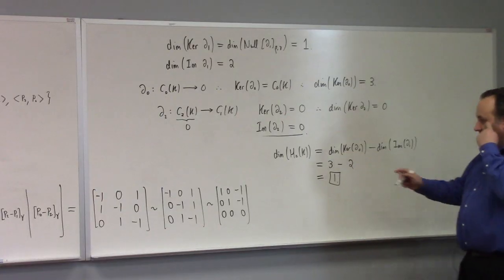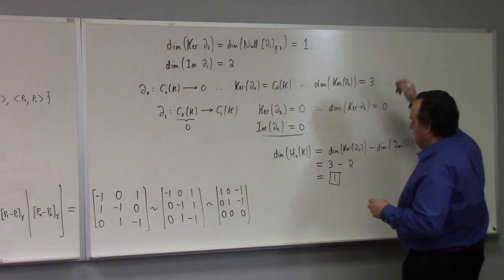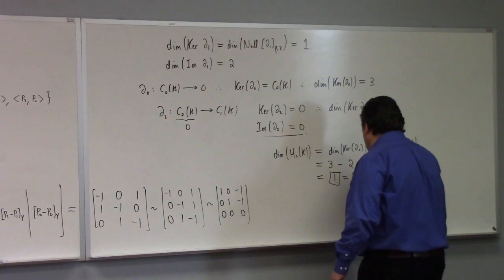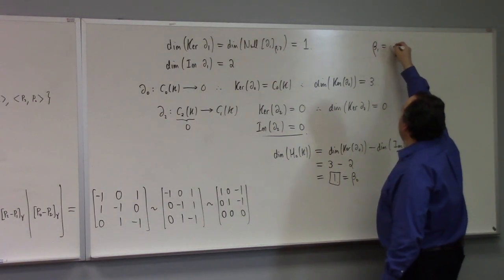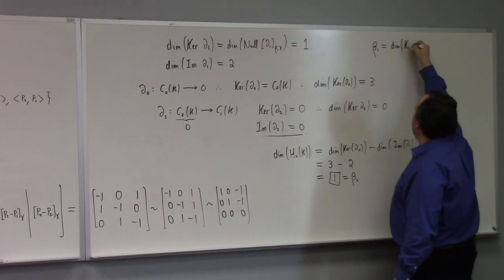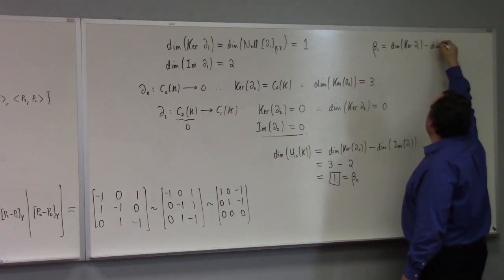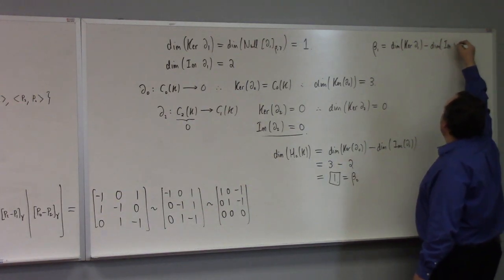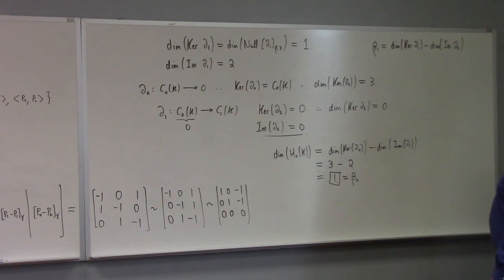So the dimension of the 0th homology group, the 0th Betti number for the circle, is 1. This is beta 0, as it's called. Beta 1 should be the dimension of the kernel of boundary 1 minus the dimension of the image of the boundary 2 operator, right?